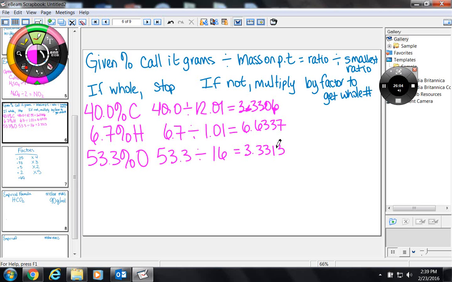And really those two are essentially the same, for all intents and purposes. I'm going to divide them all by that. That's going to be 1. This is 1.99.